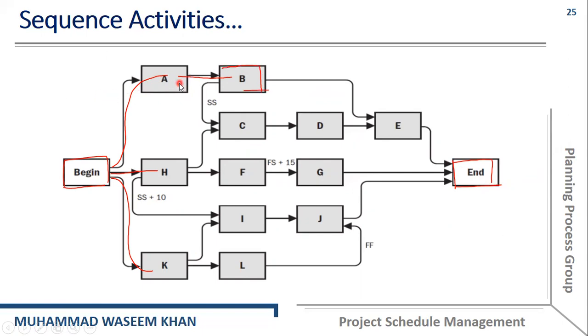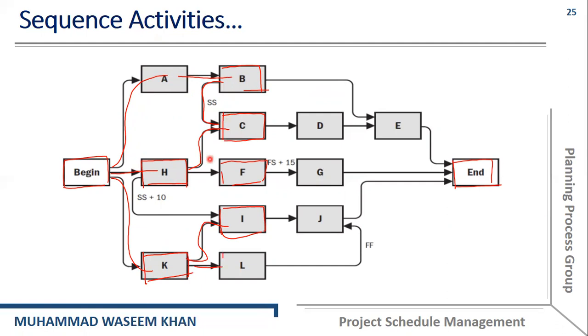As A, H, and K are independent, they are not dependent on any other activity. Therefore, we will start them first. So we have started activity A, activity H, and activity K. Now, when activity A completes, activity B will start. Similarly, activity C will start after starting activity B as well.